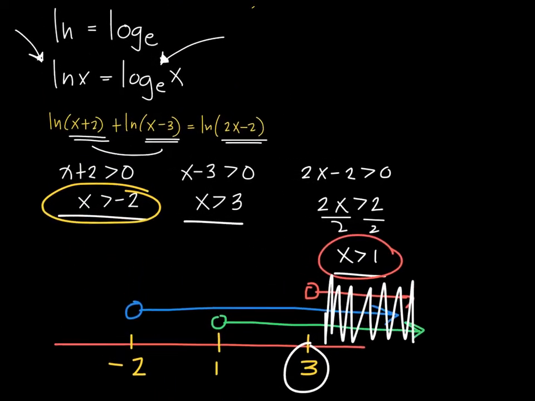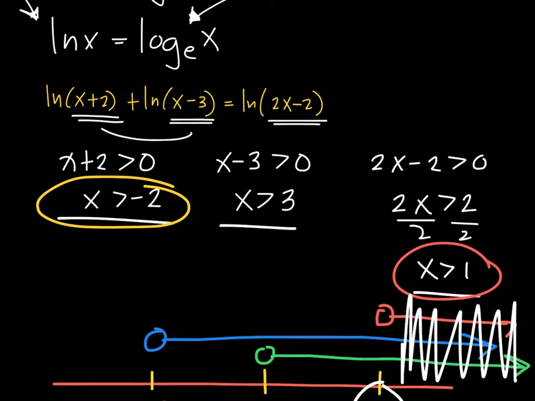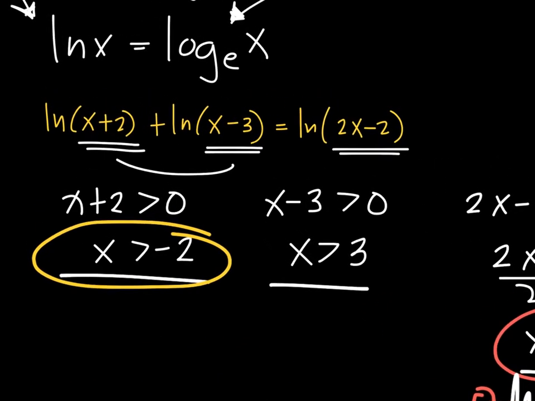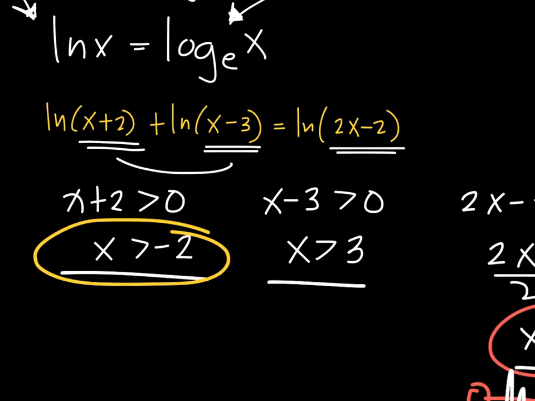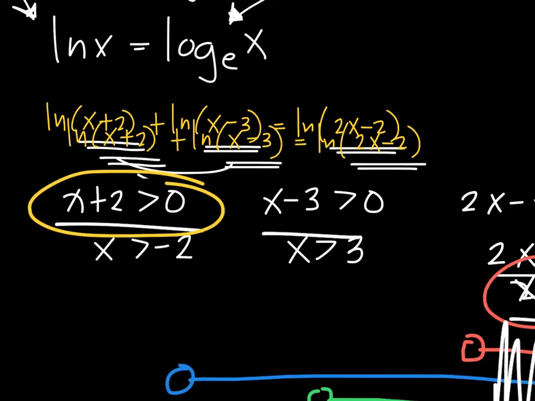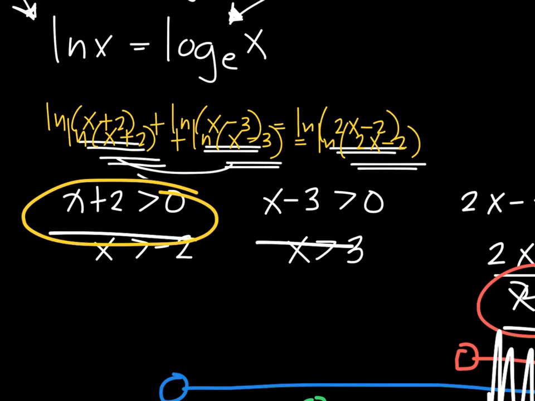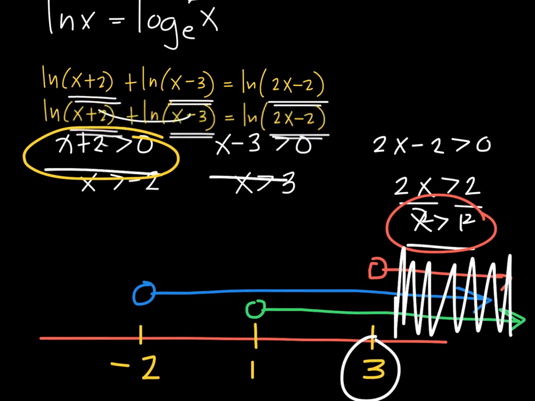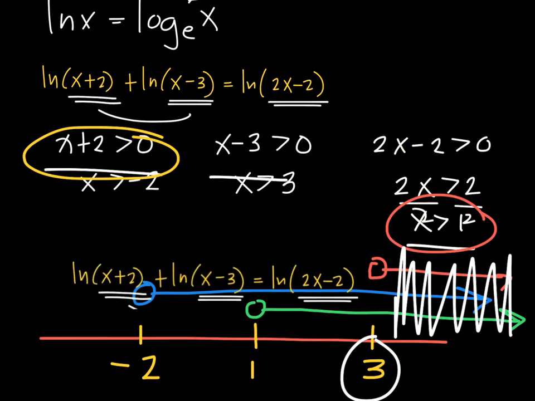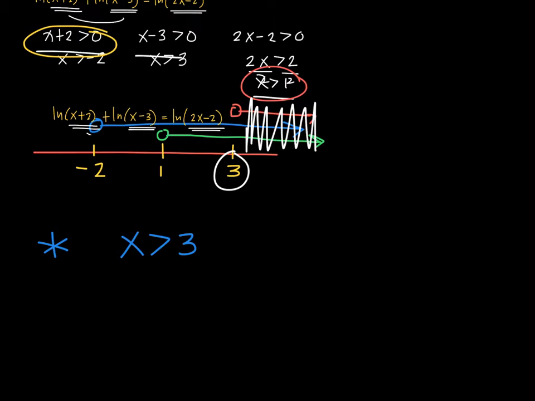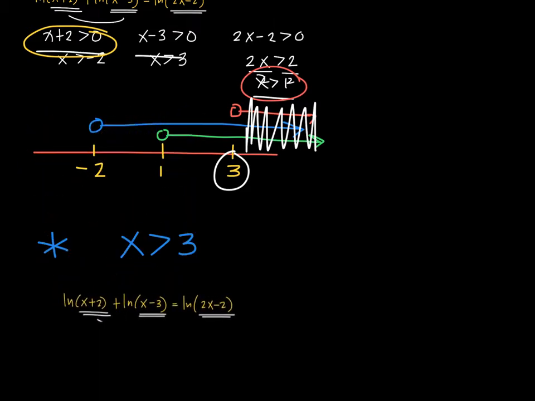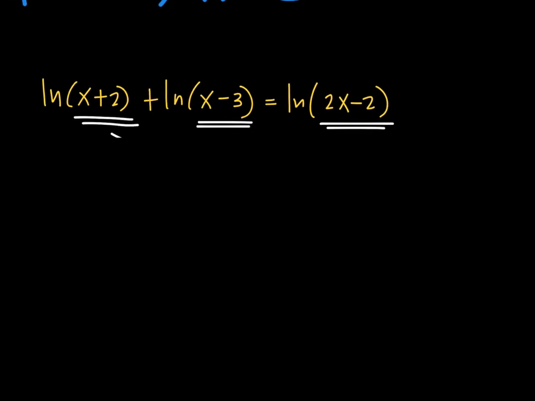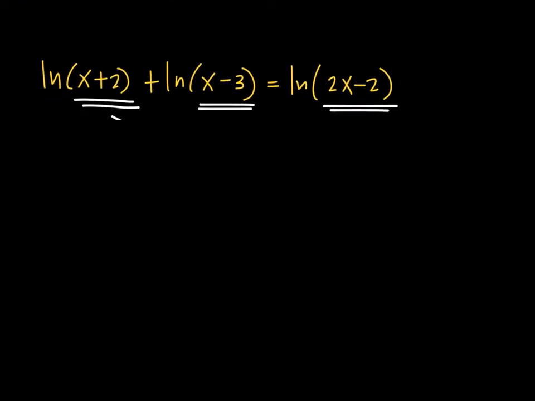Going back to our equation, we have ln of x plus 2 plus ln of x minus 3 equals ln of 2x minus 2. We need to solve for that after identifying the restrictions. Okay, so let's copy this. If you look at the equation, there's a sum of two ln's.